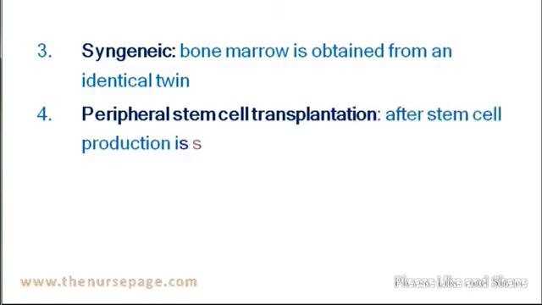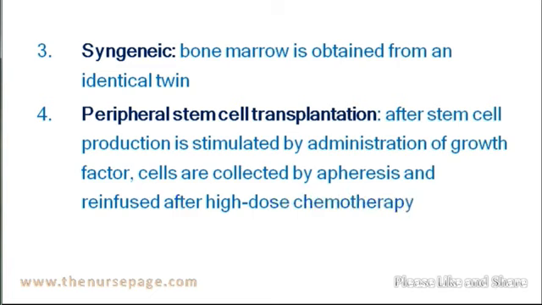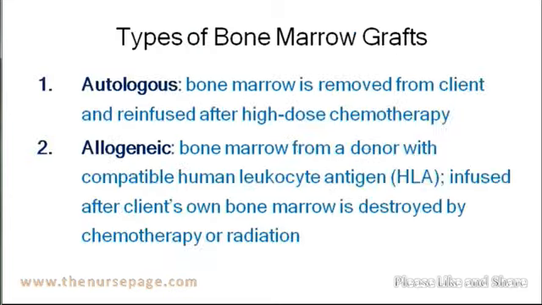Fourth type of bone marrow graft is peripheral stem cell transplantation. After stem cell production is stimulated by administration of growth factor, cells are collected by apheresis and reinfused after high dose chemotherapy. So it is making from outside the body by stimulating the stem cell production with growth factor, then reinfused to the same person. It is also a type of autologous.